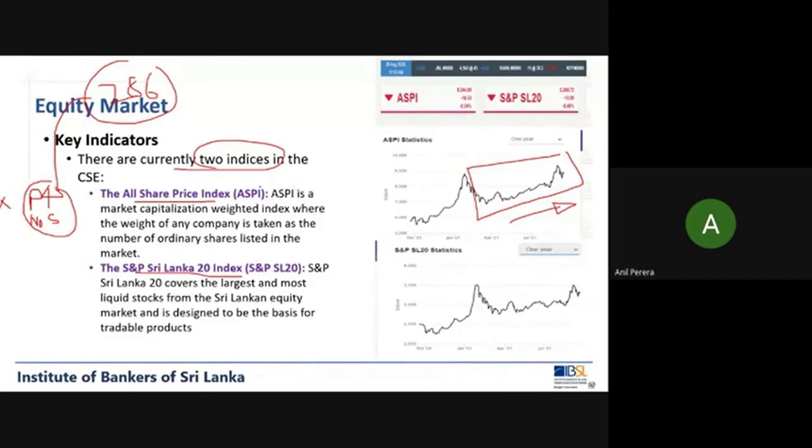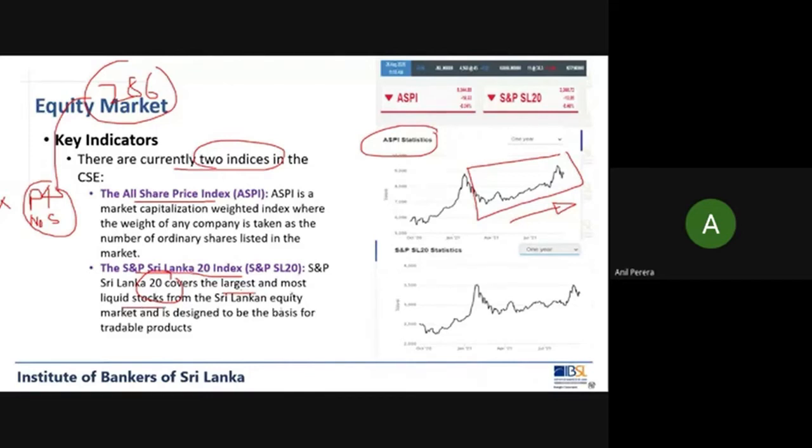Now the S&P 20 index does not tell you ASPI's overall performance, but rather the performance of the best companies, right? So in the S&P index, you take the 20 largest and most liquid stocks.